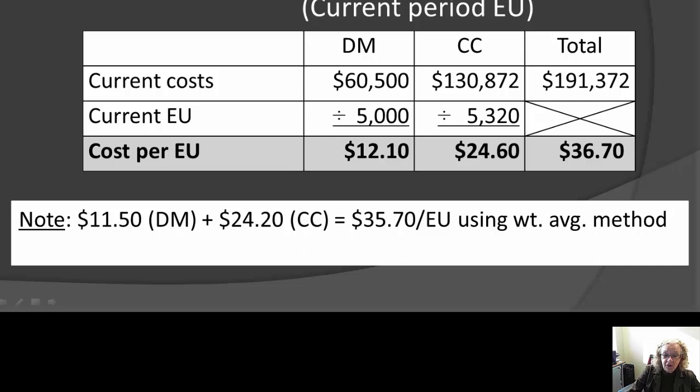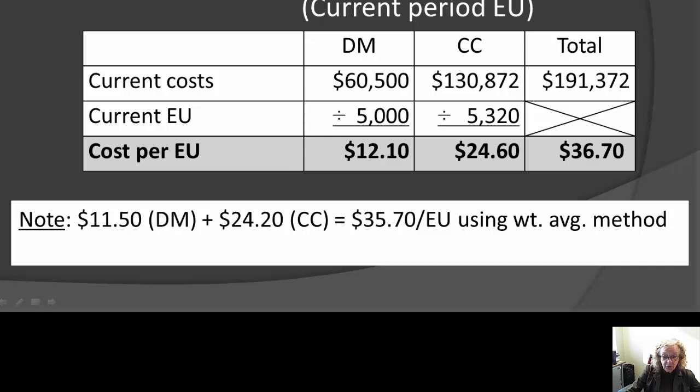It would have happened. Our costs went up, but we wouldn't be able to see it. Remember that you can't control costs that you can't see. One of the benefits of the FIFO method is that it helps to make these cost fluctuations visible.